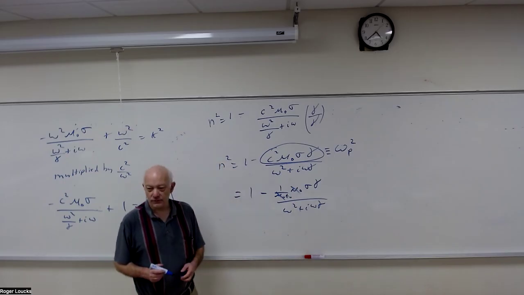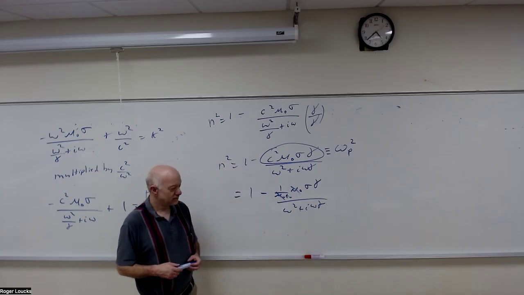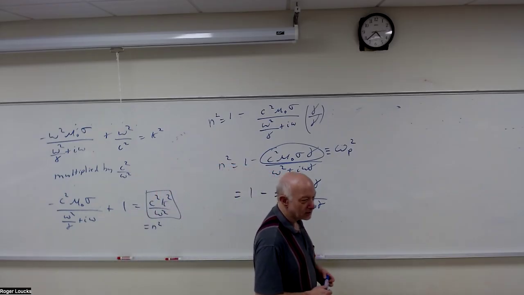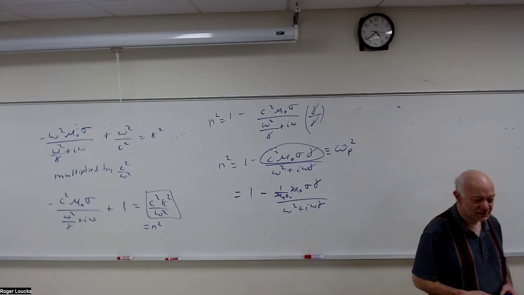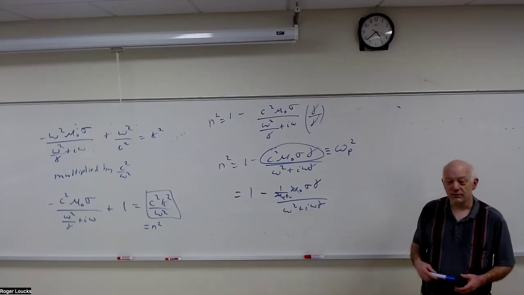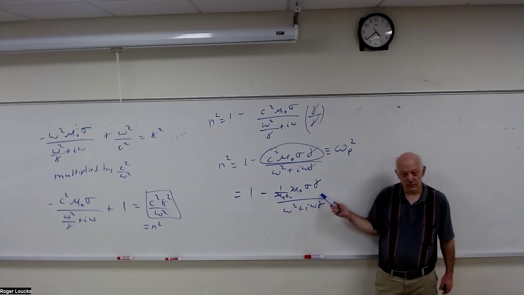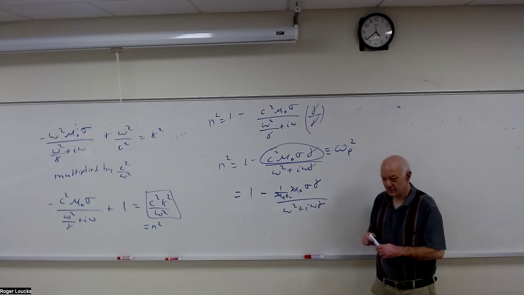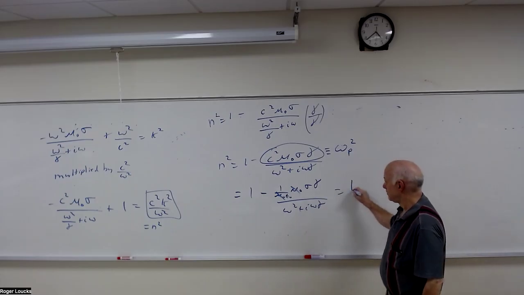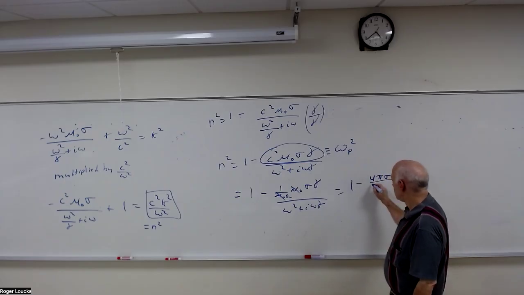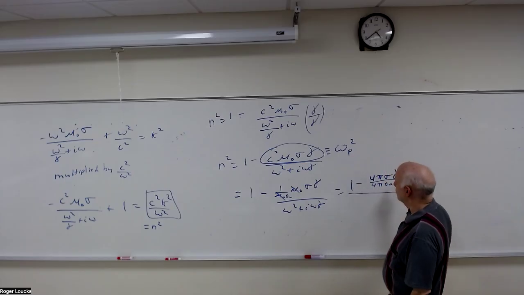Now tell me how to get rid of epsilon naught. I'll give you a hint: I have 1 over it. If I want to get rid of it, what do I do? I multiply the top and bottom here by 1 over 4 pi. So 1 minus 4 pi sigma gamma over 4 pi epsilon naught.